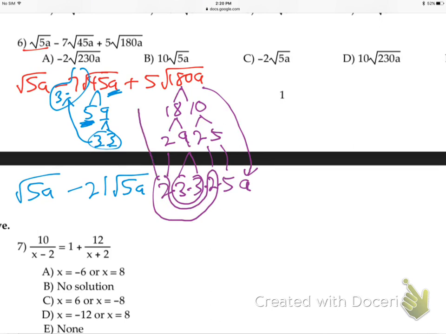So out comes a 2 and 3, which is 6, times 5, which is going to be 30, plus 30 root of what's left inside? 5a right here.